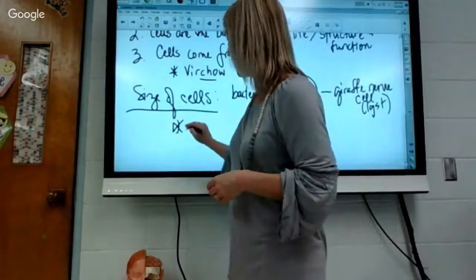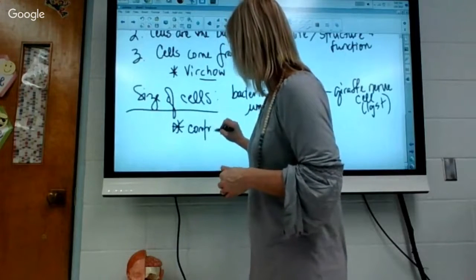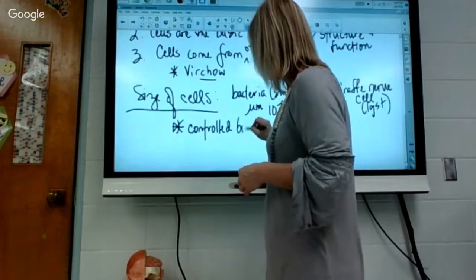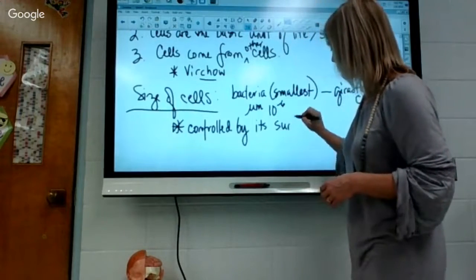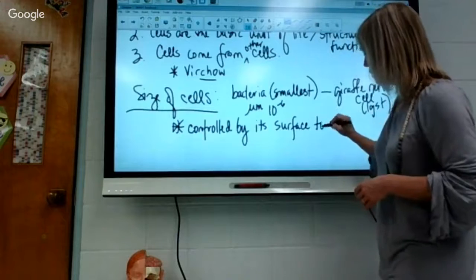It's controlled by its surface to volume ratio.